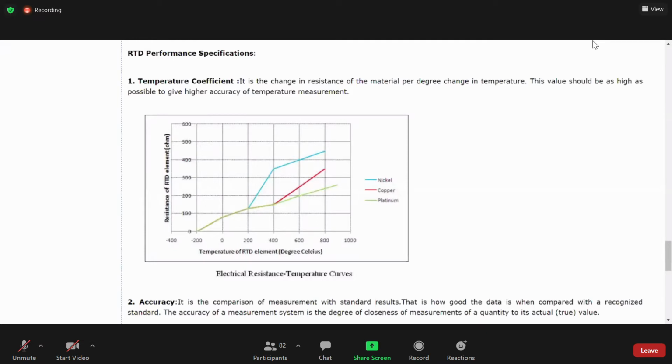Copper and platinum both are different. Let us say copper resistance is X and platinum resistance is Y.